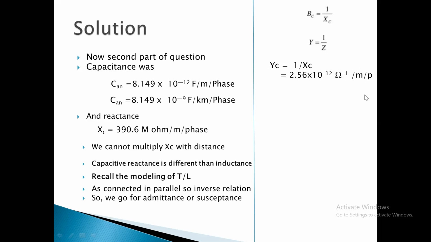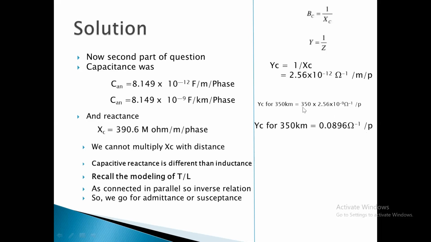After getting this, I can convert it to kilometer. For kilometer, I will multiply by 1000, so minus 12 becomes minus 9, and I will further multiply it with 350 kilometers, and I will get the total admittance of the line per phase, only one phase, not three phases. The capacitive admittance is 0.0896 ohm inverse per phase.